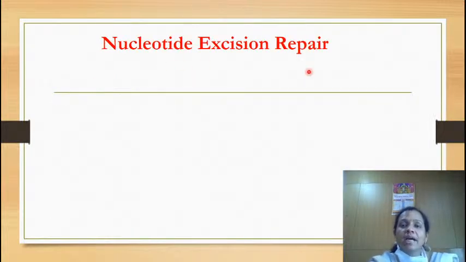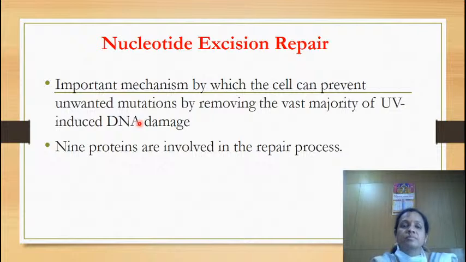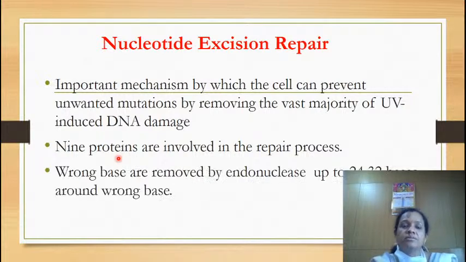Next is nucleotide excision repair. When do we see this? It is an important mechanism by which the cell can prevent unwanted mutations by removing the vast majority of UV induced DNA damage. There are 9 proteins involved in this nucleotide excision repair.